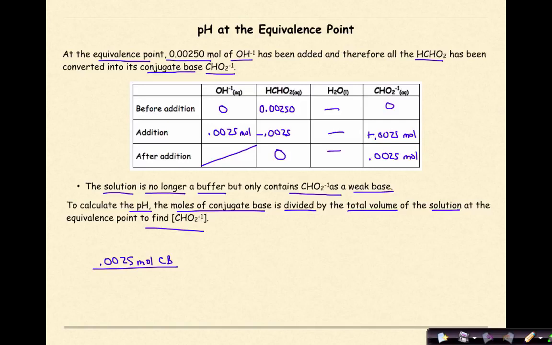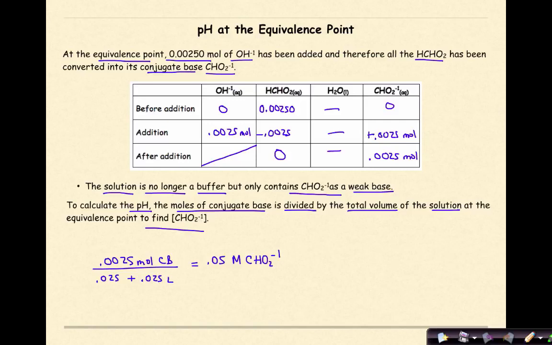So the initial volume of the acid, which is 0.025 liters, plus the amount of sodium hydroxide that was added, so 0.025 liters of that. And if we work that out, we will get a concentration of 0.05 molar CHO2 minus 1. And from that, we can go on to try to figure out the pH.